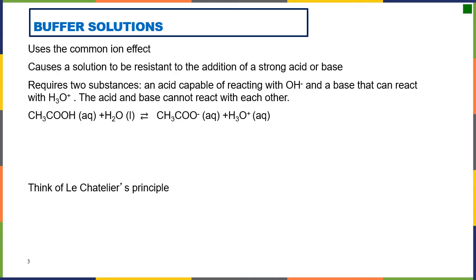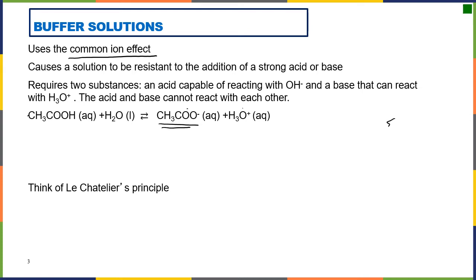Now, doing this is called the common ion effect. Now, the common ion effect means you're starting out with, this is our hydrolysis reaction. I'm using acetic acid. And if I take acetic acid and I put it within water, it's going to make the acetate and the hydronium. So if I have this reaction and I let it work, I'm going to get a certain pH. Now, if I add some of the conjugate base, I'm going to be adding a product.